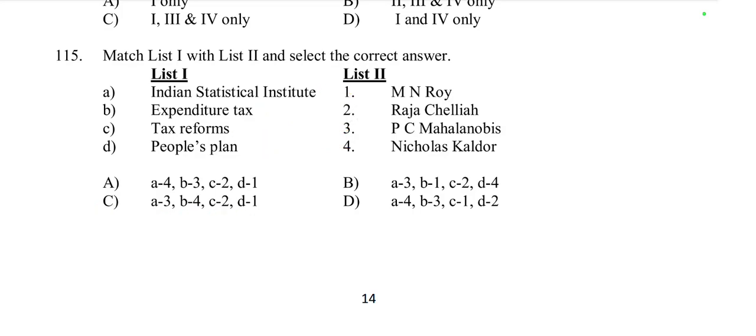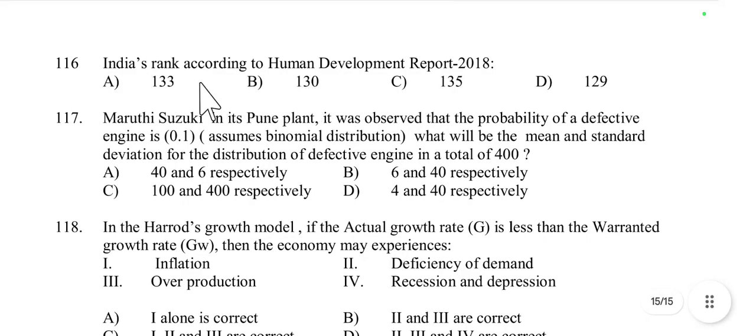Option C. Then question 116: India's rank according to the Human Development Report 2018. According to 2000, the number was 130. But according to recent data, 2023-24, it is 134th position out of 193 countries, and the HDI value is 0.644.